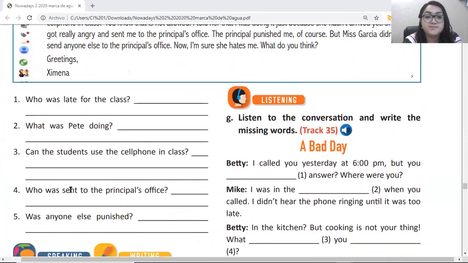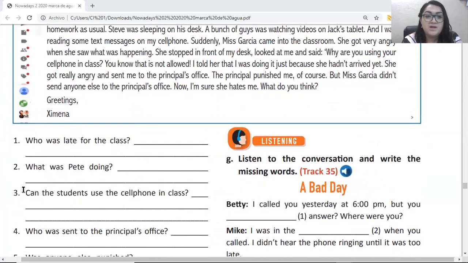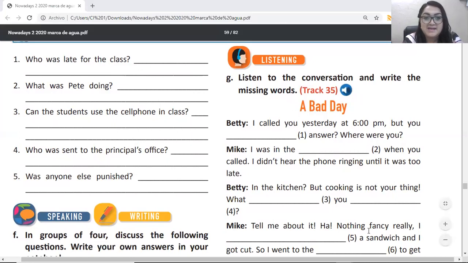Very good. In these 5 questions, what do we have? Question number 1 says, who was late for the class? ¿Quién iba tarde a la clase?